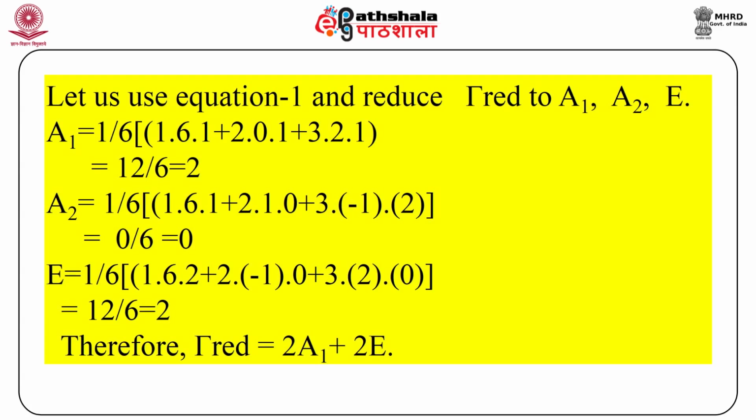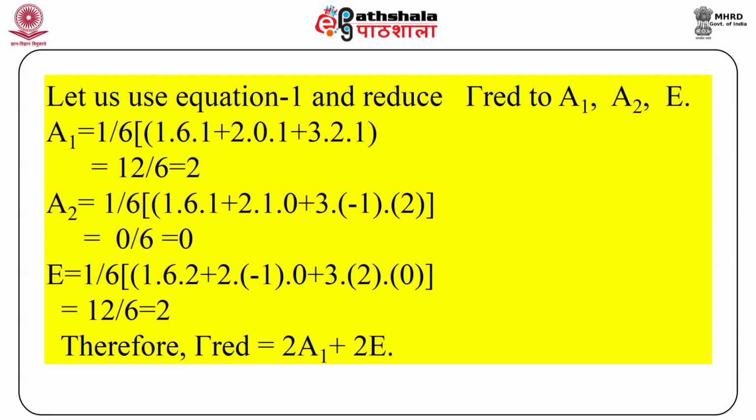Let us use the equation to reduce tau reducible to A1, A2 and E. For A1 we can write out the equation as 1 by 6 within bracket 1 into 6 into 1, 2 into 0 into 1, 3 into 2 into 1, that is 12 by 6, 2. A1 is present 2 times.